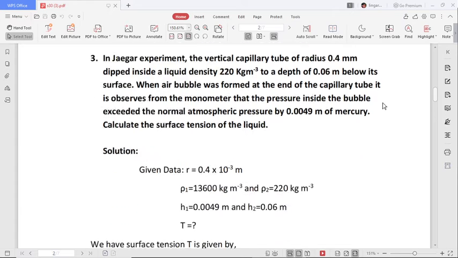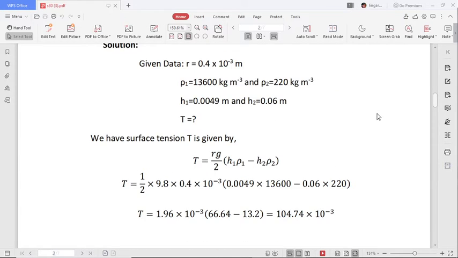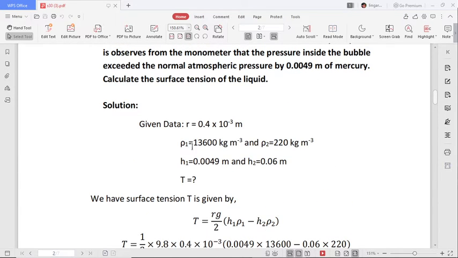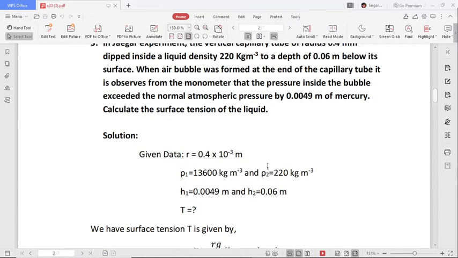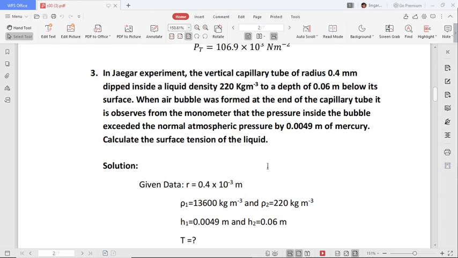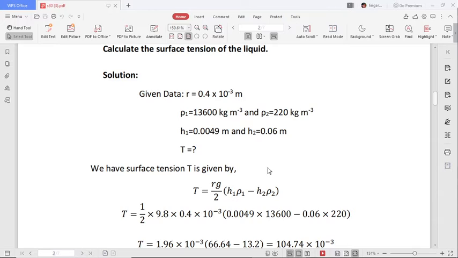Calculate the surface tension. Very simple. R is given, the densities of the liquid and of the mercury are given, and H1 and H2 are also given. Now come to the surface tension T.